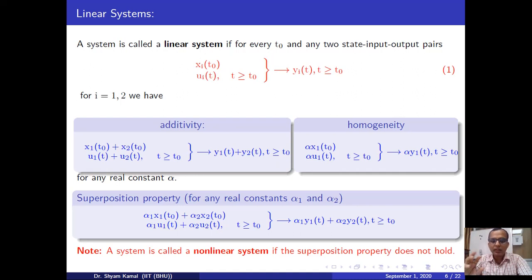But the exact definition of a nonlinear system is not necessarily that; a linear system is also a class of nonlinear system in some sense. Some systems may exist which do not satisfy the superposition principle.